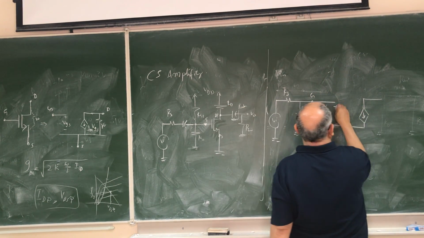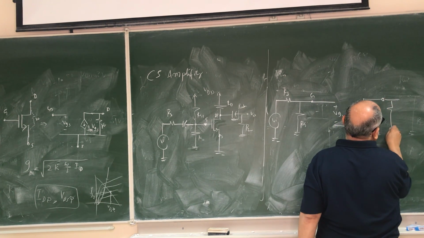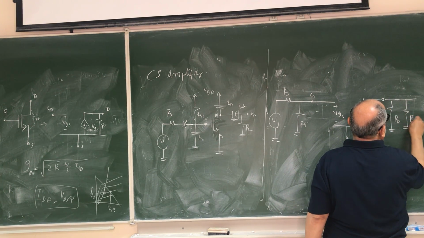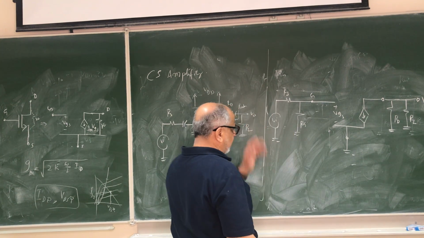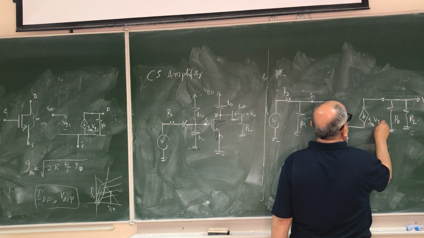This is VGS. From the drain side, we have RD, RL, and that will be our V out here. So let's start with the gain first, GM VGS.